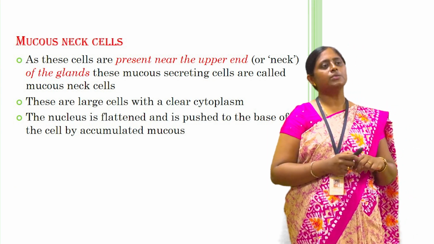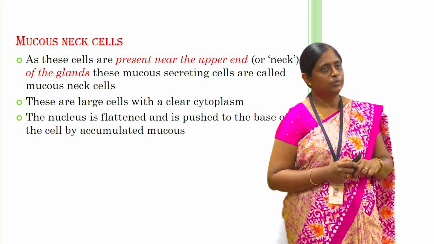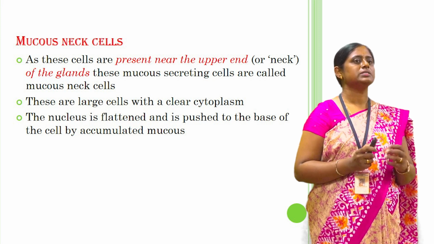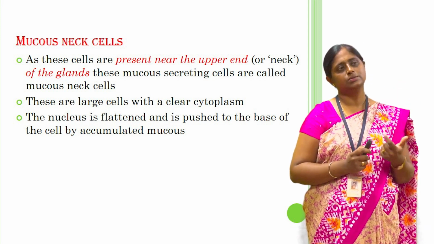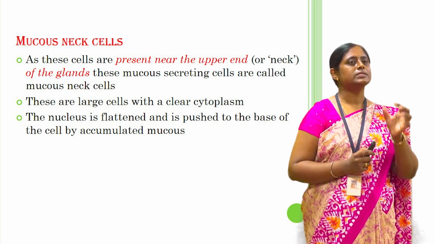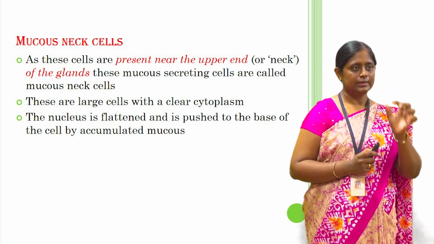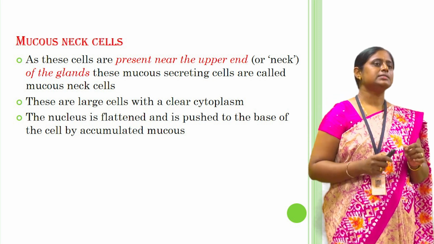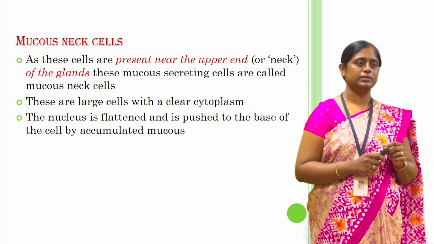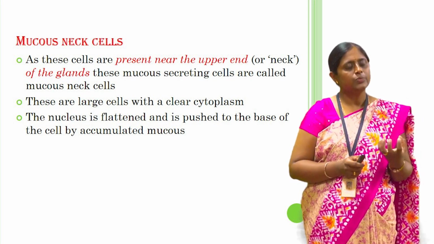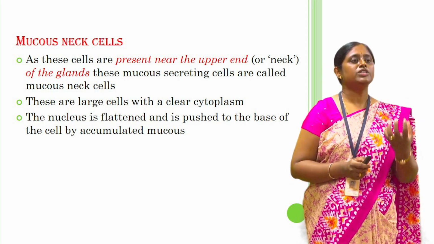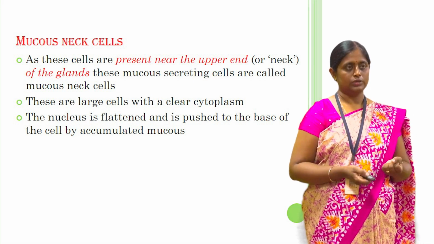The next type of cells present is the mucous neck cells. They are present in the upper end of the glands, on the neck region of the glands. These cells are large and consist of clear cytoplasm, and the nucleus is usually flattened and pushed to the base of the cells, which is accumulated by the mucus.